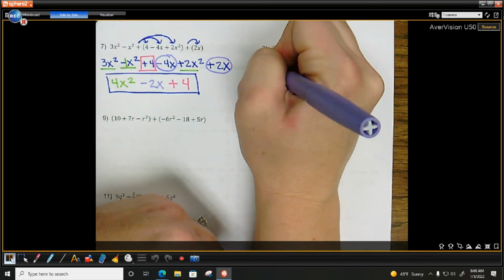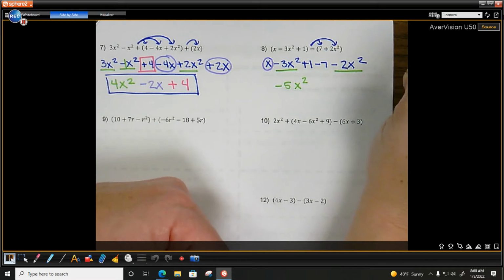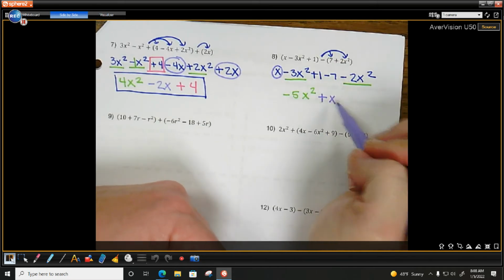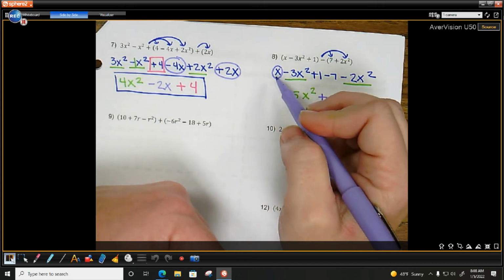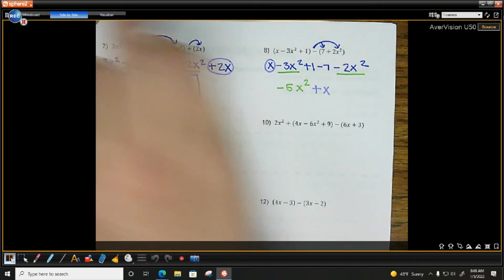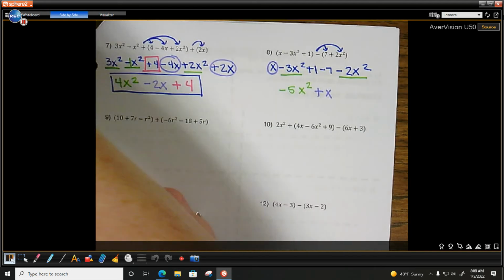Is there another x term? No, so there's nothing to combine it with, so I'm just going to drop down plus x. Why am I putting a plus in front of the x even though there's not a plus here? Because x is positive, okay? And you have to have a plus or a minus sign separating your terms. Okay, and then I have a plus 1.